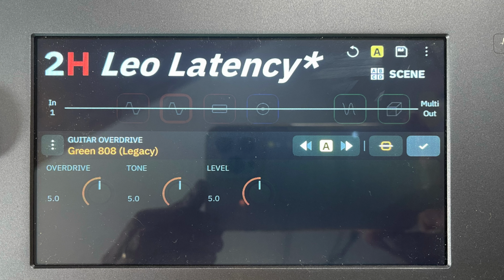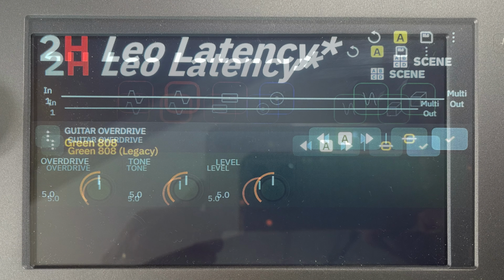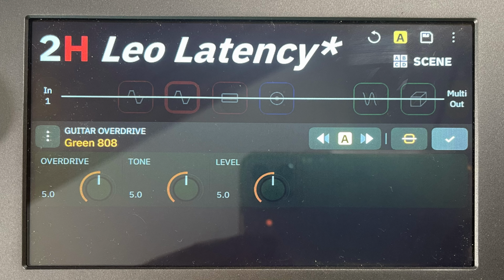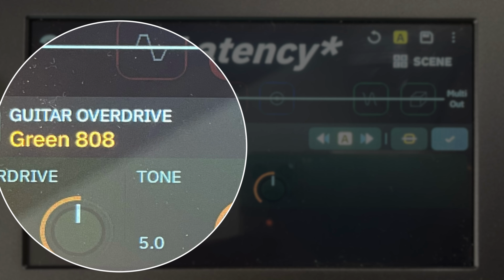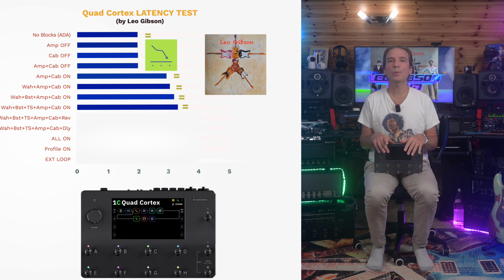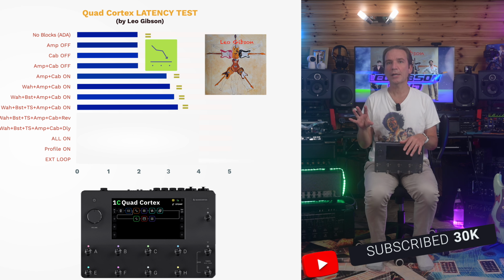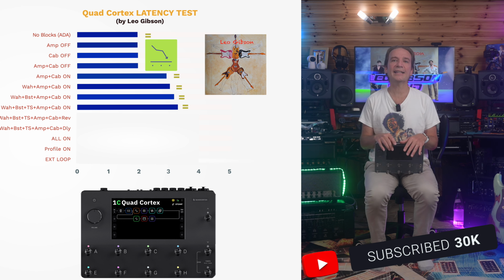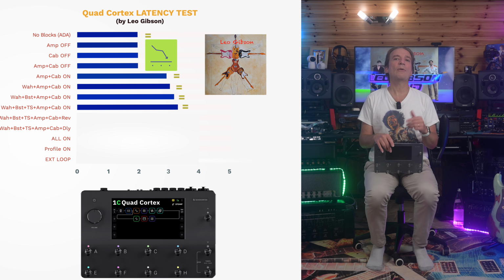If I had not changed it to the new Green OD808, the behavior of the block would have been similar to the old firmware. I mean, the latency would have increased even with the effect block switched off. This means that if you want to take advantage of the new firmware, you have to change all the legacy effects to their new version counterpart. Now let's move on to adding time effects.